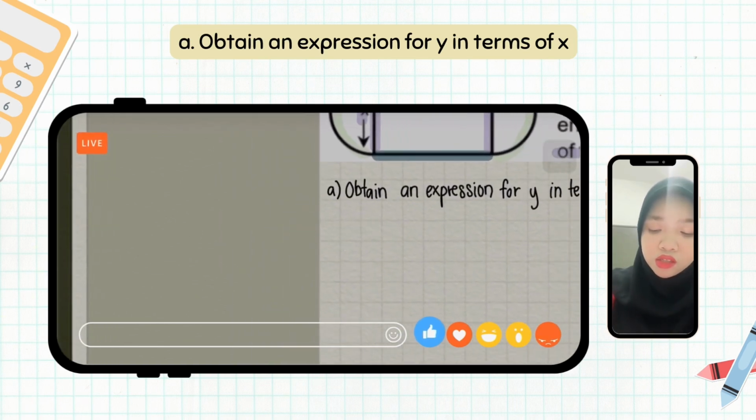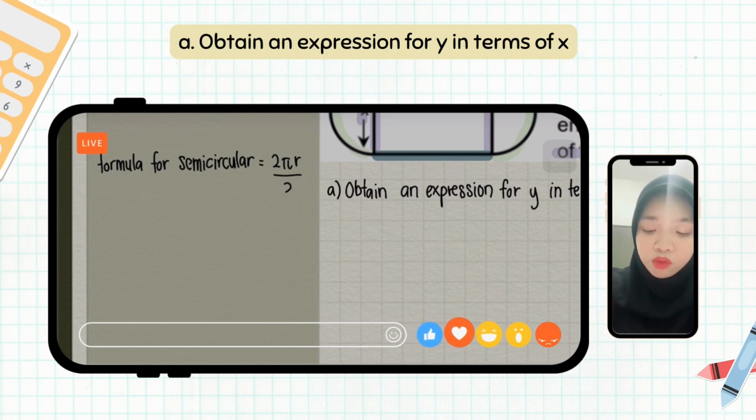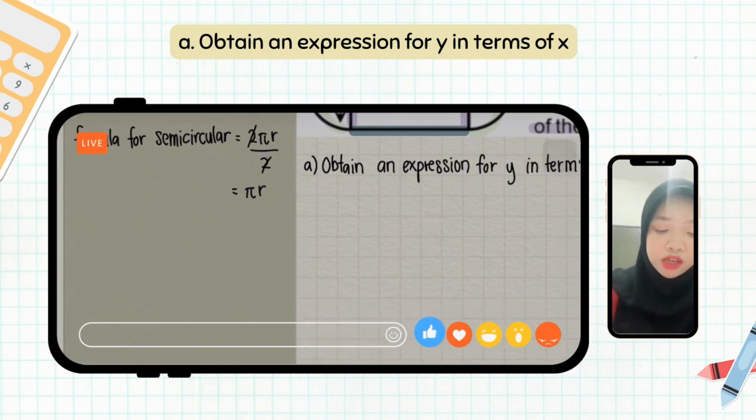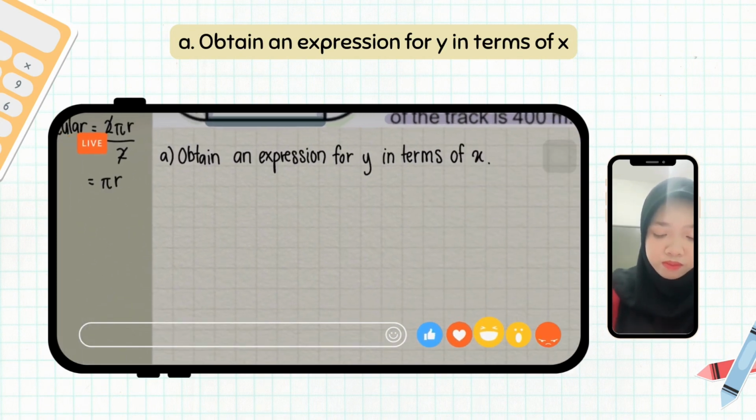To answer the first question, the A, to obtain an expression for y in terms of x, we should know the formula for semicircular. The formula for semicircular is 2 pi r over 2. And then we can just cancel out the 2, we got the pi r. After that, we can just write out what we already know.